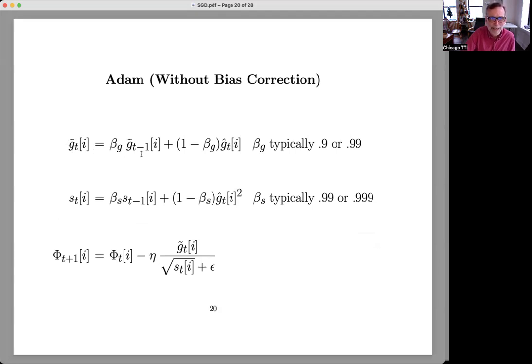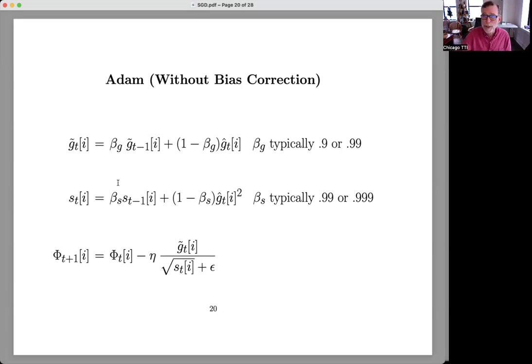I've written it here in terms of the beta parameters, because when you look at Adam, you'll see the beta parameters if you read the documentation in PyTorch. So it's an exponential moving average of the gradient estimate. It's an EMA momentum, not a heavy ball momentum.